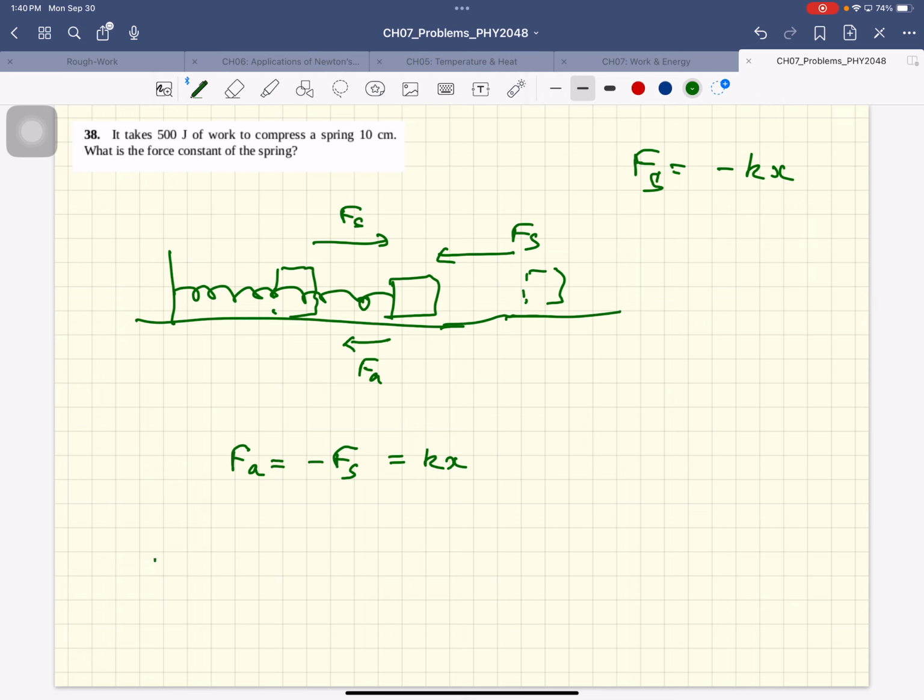The work done by a force is given by this integral, x initial to x final, of kx dx. And we will compress the spring by 10 centimeters from the origin, so from 0 to x final.